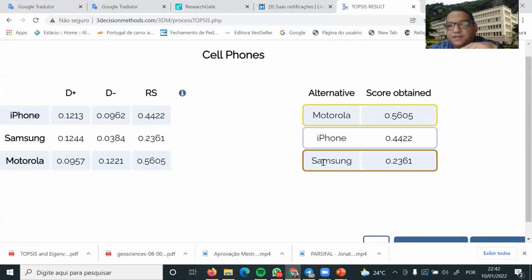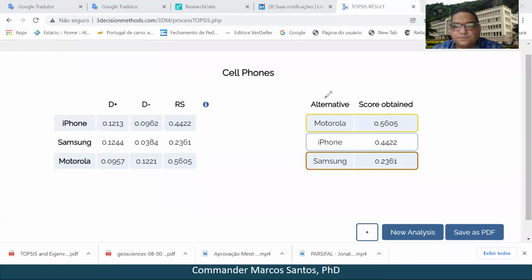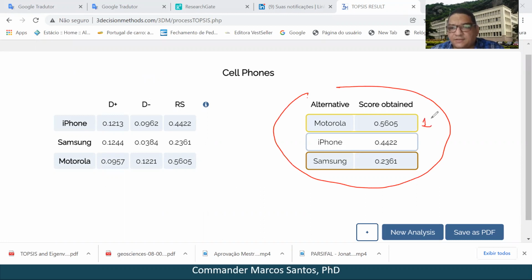So we have the result here. Motorola is the best, in first place, the best cell phone. iPhone is second, and Samsung is the worst cell phone.